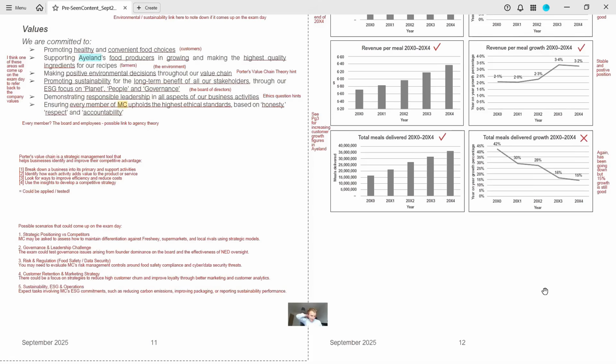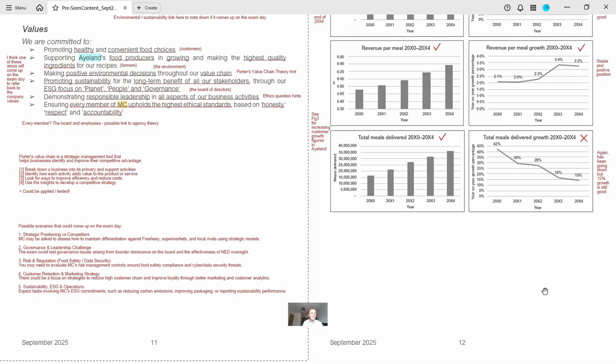I've also put on here some possible scenarios to come up on the exam day. Again, I was just thinking as I was reading it through, I don't have a crystal ball, but I wanted to get it down in the notes: strategic positioning versus competitors. I've also got governance and leadership, linking in the board of directors with some form of ethics. Risk and regulation, we've seen so much in terms of food safety and data security. Lots of legal factors there, maybe from a PESTEL point of view.